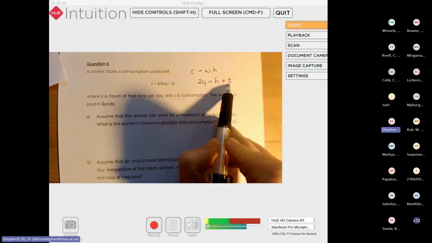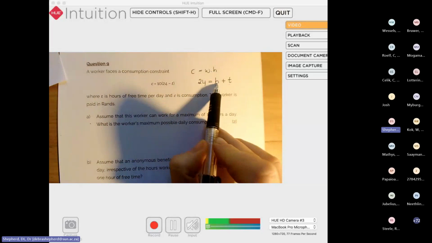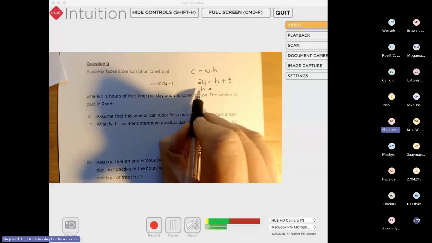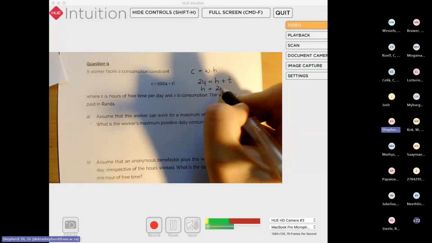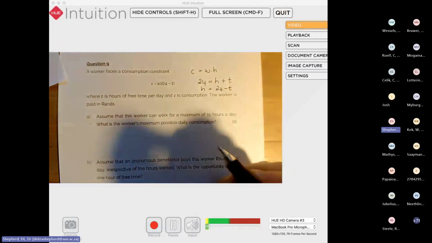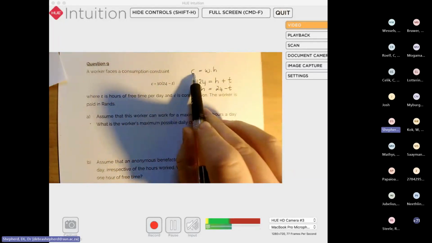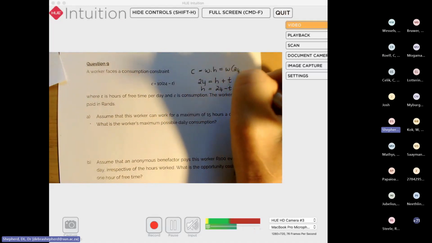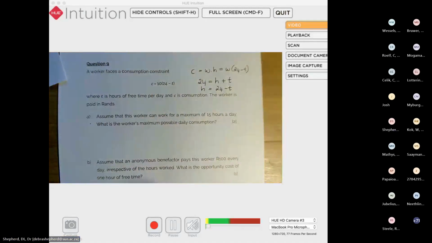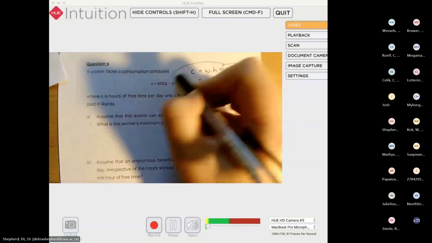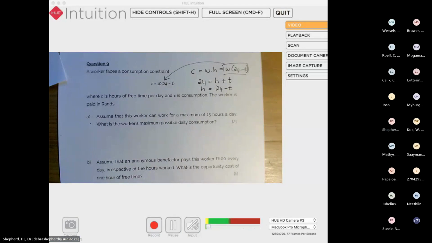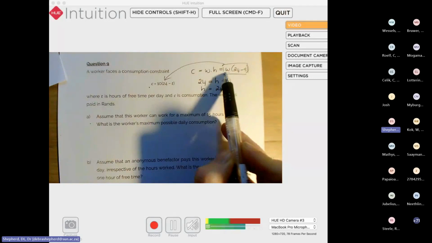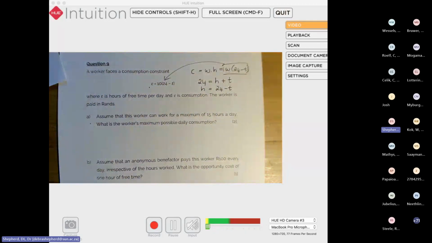So if I rearrange this formula so that H is the subject, what would H be equal to? H would be equal to 24 minus T. So I can rewrite that as C equals WH, which is equal to W(24 minus T). This is the same as that. Okay, so consumption is always the wage rate per hour times 24 minus T.